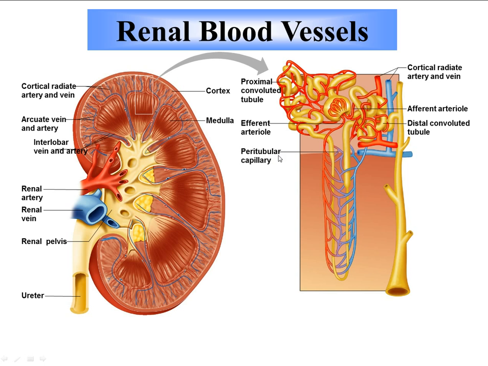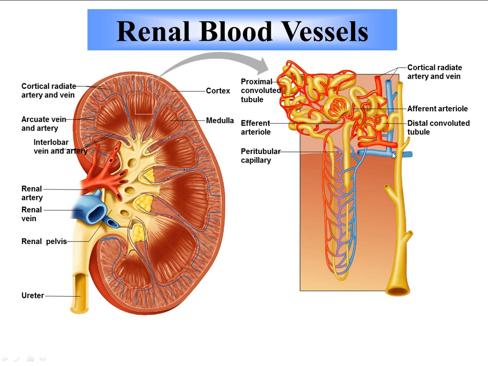So these peritubular capillaries will come back together. You had divergence, here convergence. They come together to form larger vessels, and then these larger vessels will come together to form the cortical radiate vein.